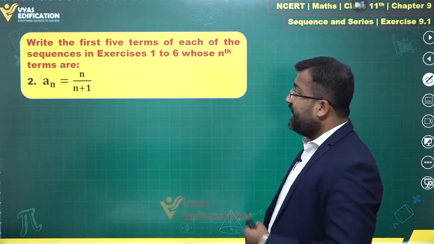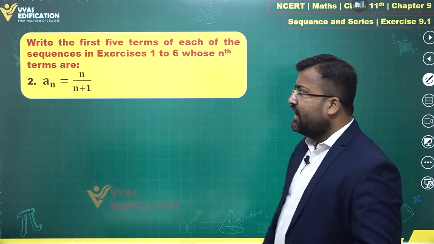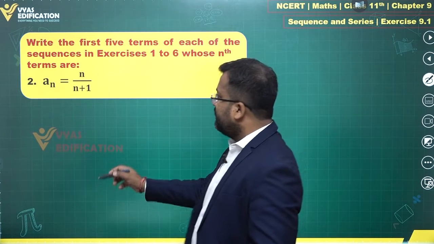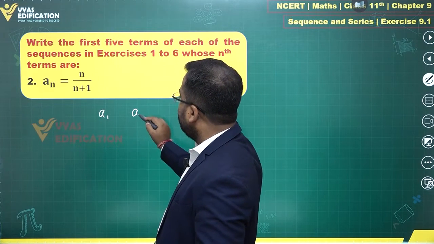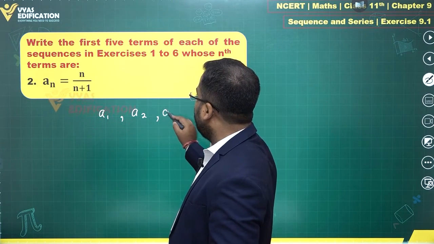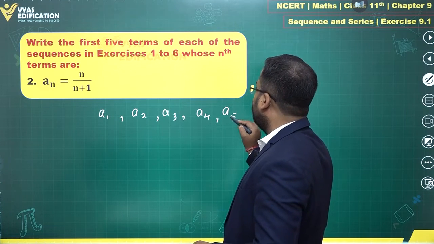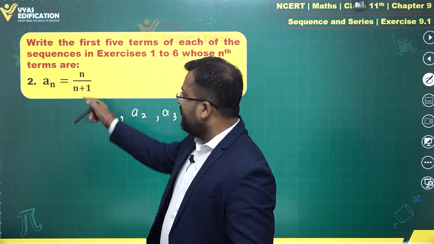In the second question we have AN is equal to n upon n plus 1, and once again we are supposed to write the first 5 terms. First 5 terms will be A1, A2, A3, A4, A5. What is A1 equal to? A1 is 1 upon 1 plus 1.